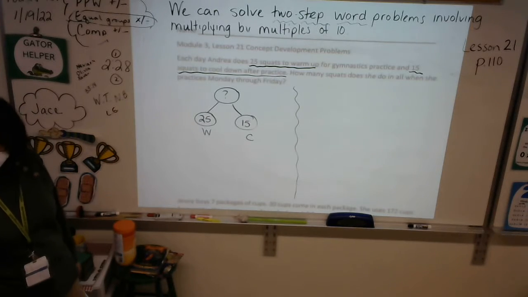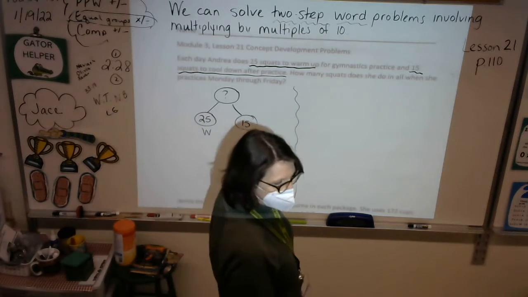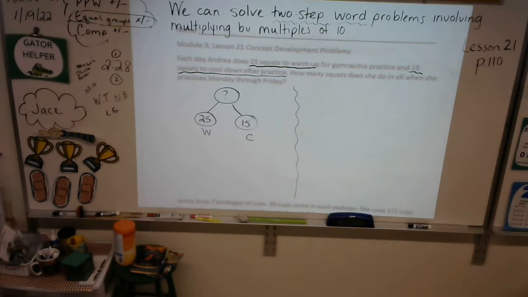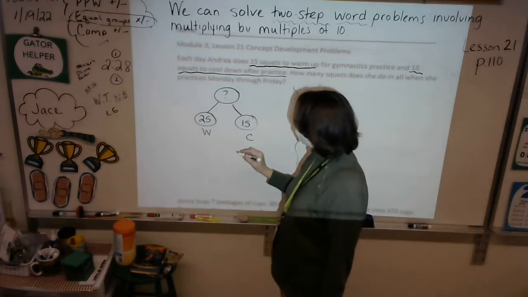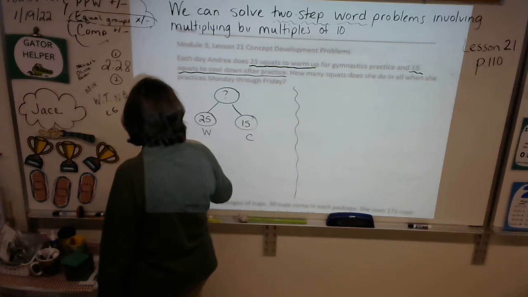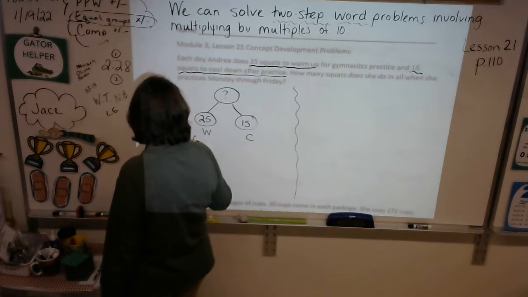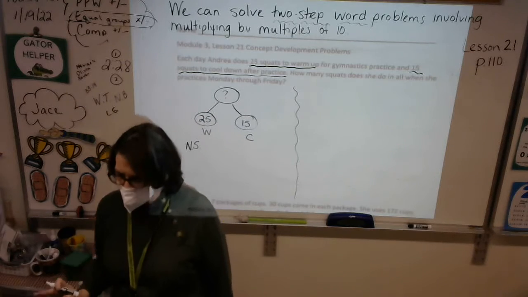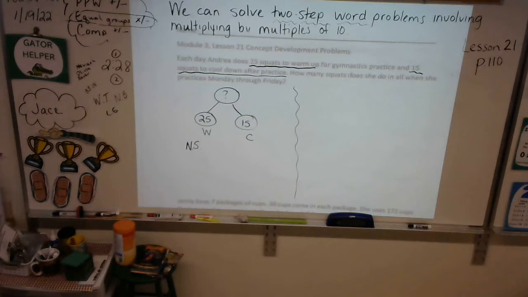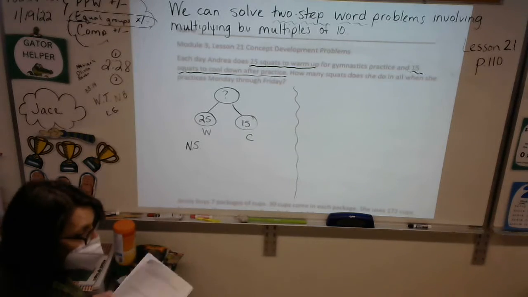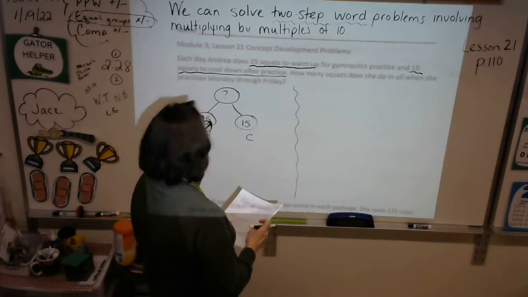Go ahead and write a number sentence then for that. What number sentence do you write for that? Number sentence is written horizontally. We got 2 parts and we have to figure out our whole. Very good. Go ahead and solve it if you got it. Very good. Nice job. That was speedy, Kate.